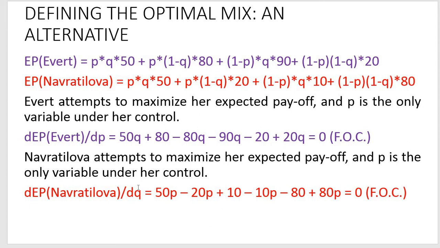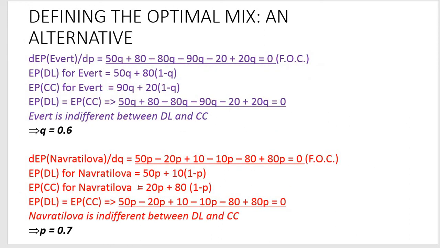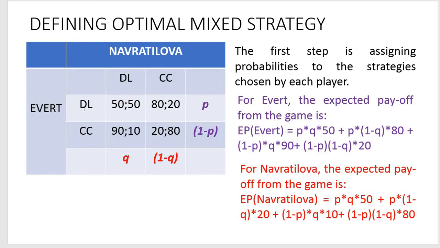So when you do this, you will see that applying the first order condition gives you the same result as equalizing expected payoffs associated with different strategies for these two players. So here, for instance, if Evert decides to play DL, then her expected payoff of DL is equal to 50 times q plus 80 times 1 minus q.